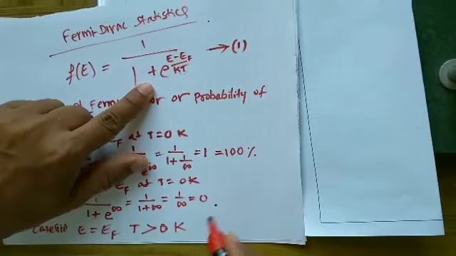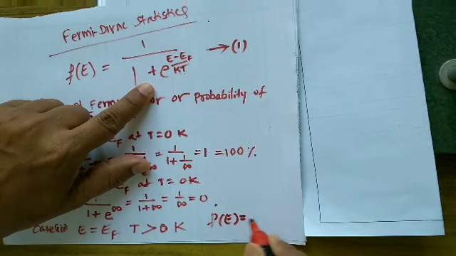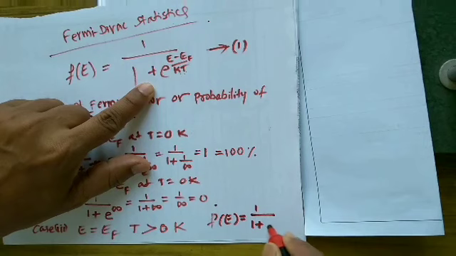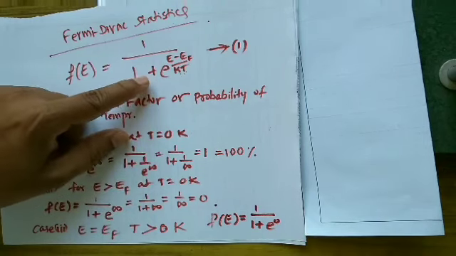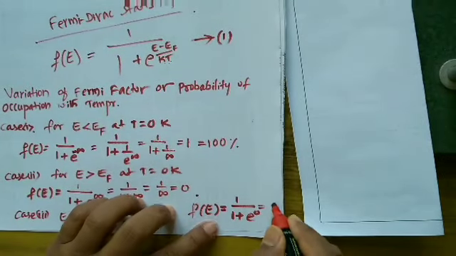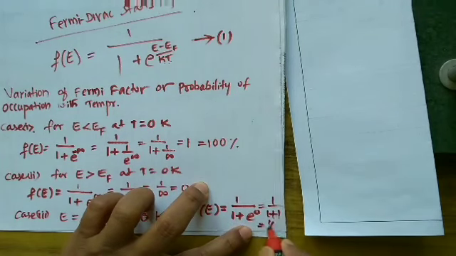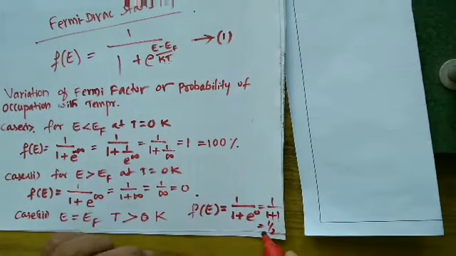Therefore, f of E is equal to 1 divided by 1 plus e power 0. Means this is equal to 1 divided by 1 plus 1 equal to half. That means it is 50%.